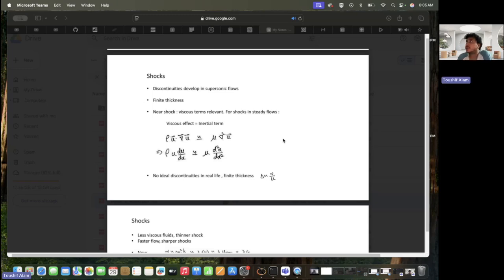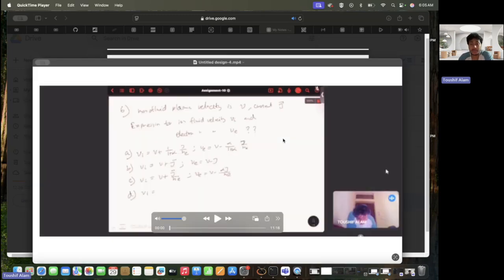I have done some of my work in my PhD regarding shocks. This is a very interesting phenomenon. Shocks are everywhere. When you slam a door, a shock propagates.